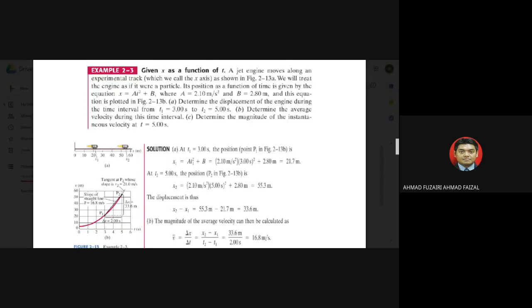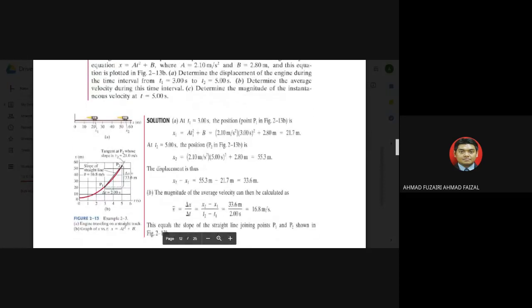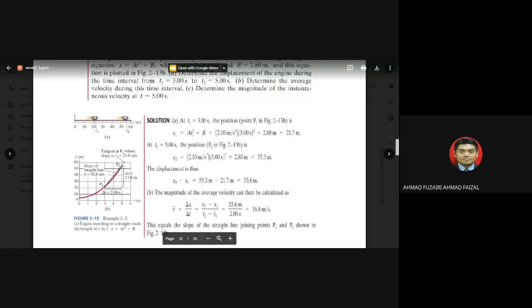So ini lebih tepat, maksudnya bila diberi graph dan juga diberi function, better to use function. Sebab function kita ada function t, so we can calculate. So therefore 55.3 minus 21.7, therefore kita dapat 33.6 meters for the displacement.